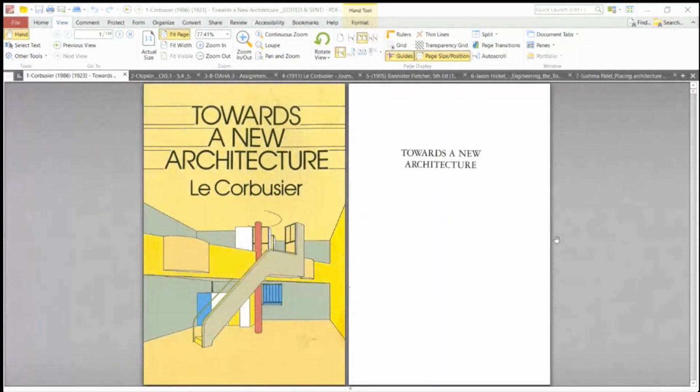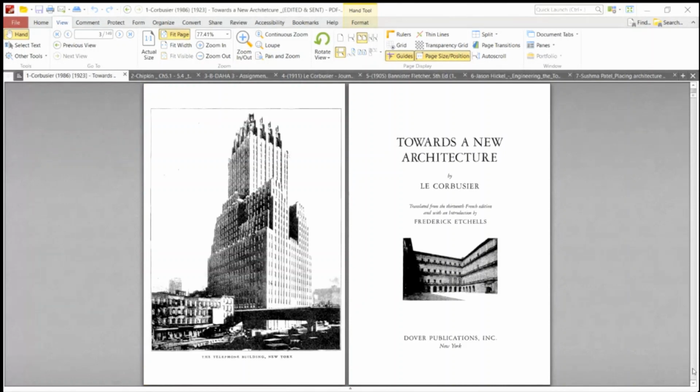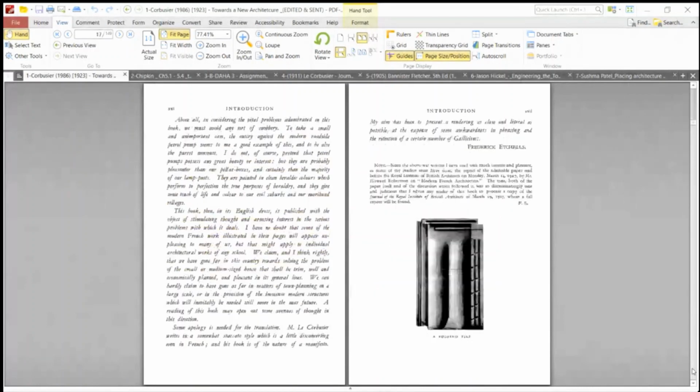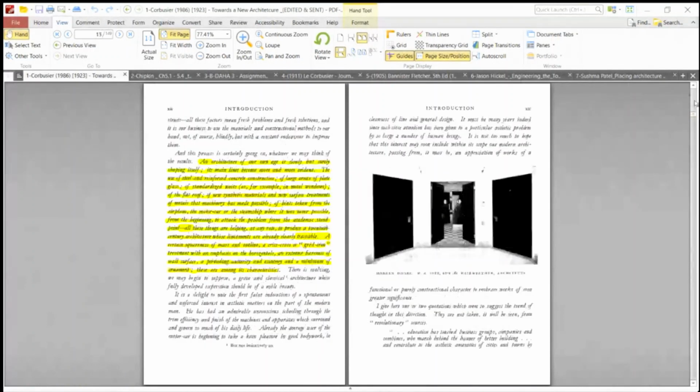This is in a way the voice of modernism at the time, right? This is its vision, its pride, its arrogance, its conceit, all of that stuff, you will see it in there. So this is the introduction by a figure called Frederick Etchells. Let's just read quickly what Frederick Etchells says.